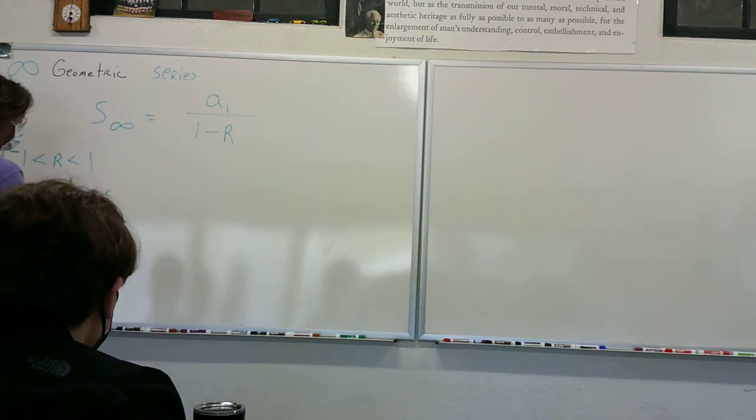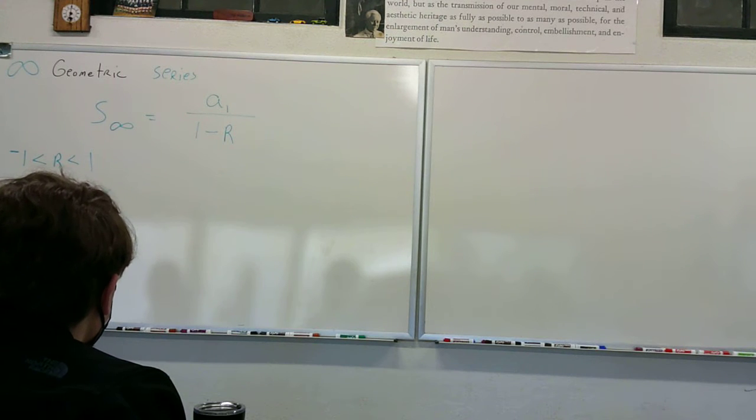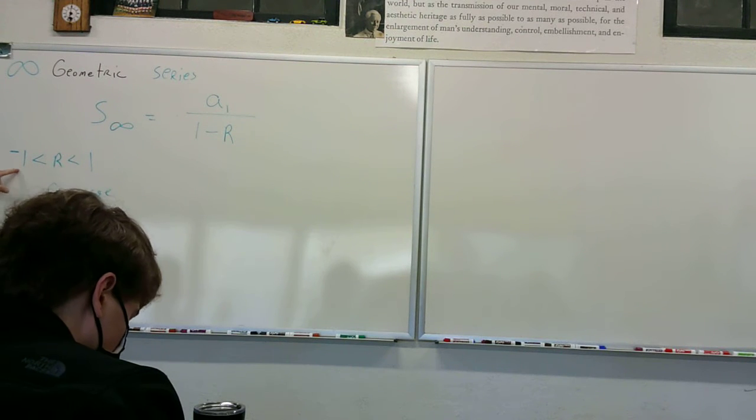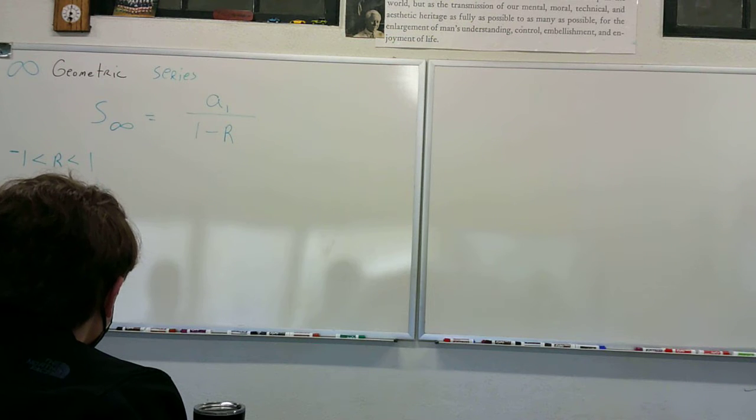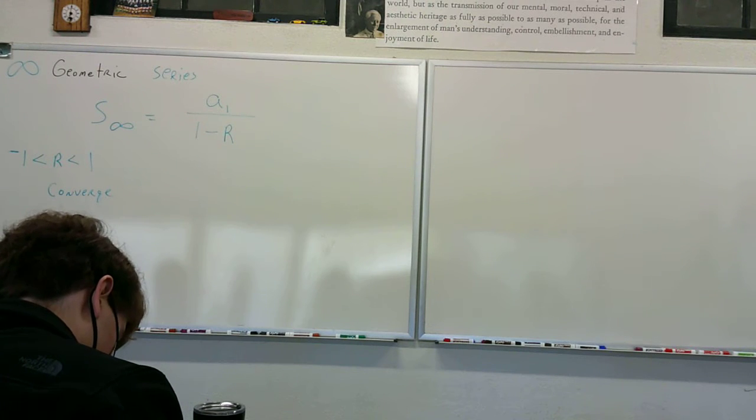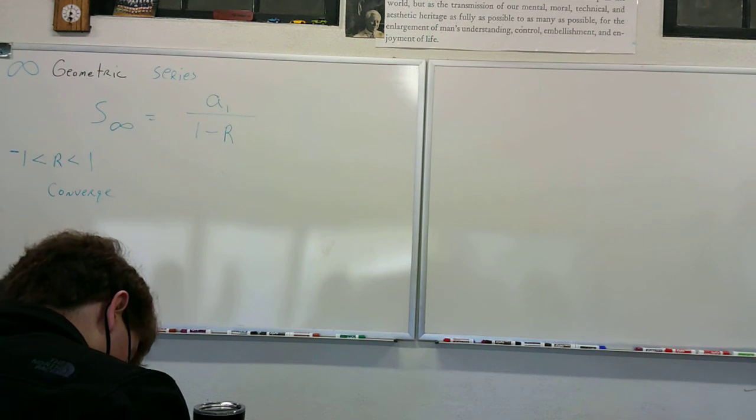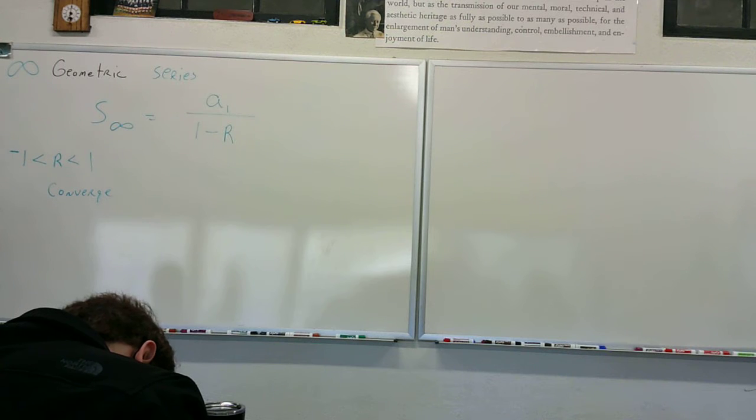For them to converge, your ratio has to be between -1 and 1. If your ratio is not between -1 and 1, they are said to diverge. You might want to write that down. Diverge is the opposite of converge. Converge, they get closer to something. Diverge, they go to positive infinity or negative infinity. They don't get close to something.